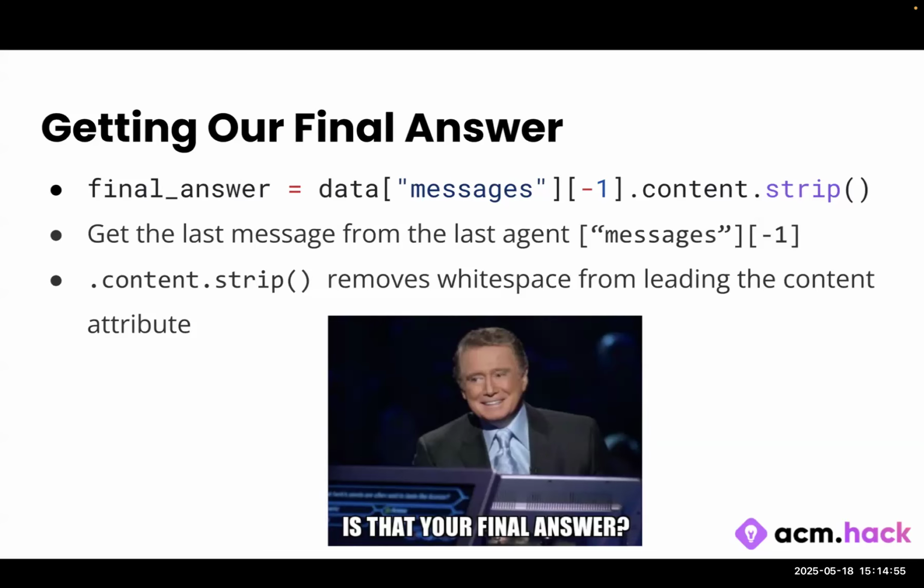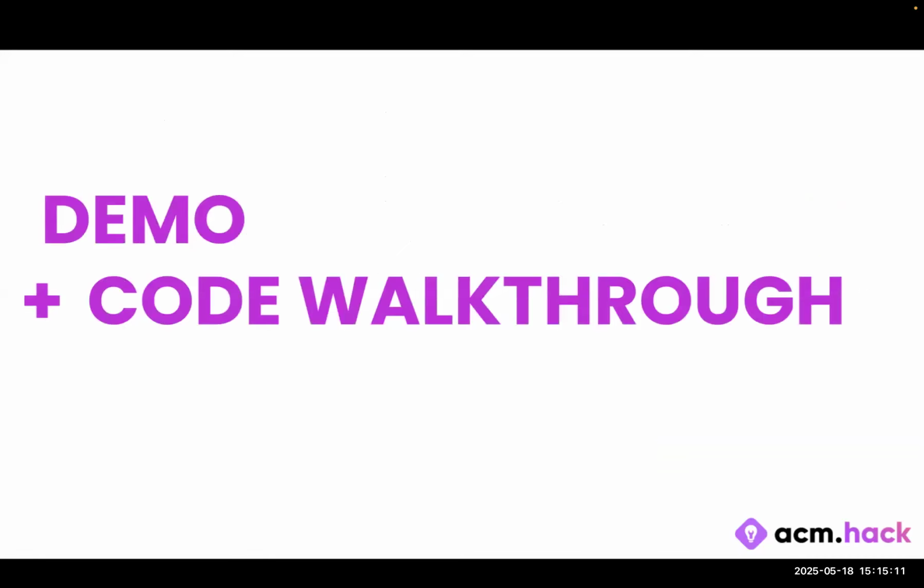You can go back to these slides and they'll explain it, or we'll explain it later in our code walkthrough as well. If you didn't really get any of that, just know that final answer has the final answer of our graph pipeline. Okay, and now we're going to move on to the code walkthrough.